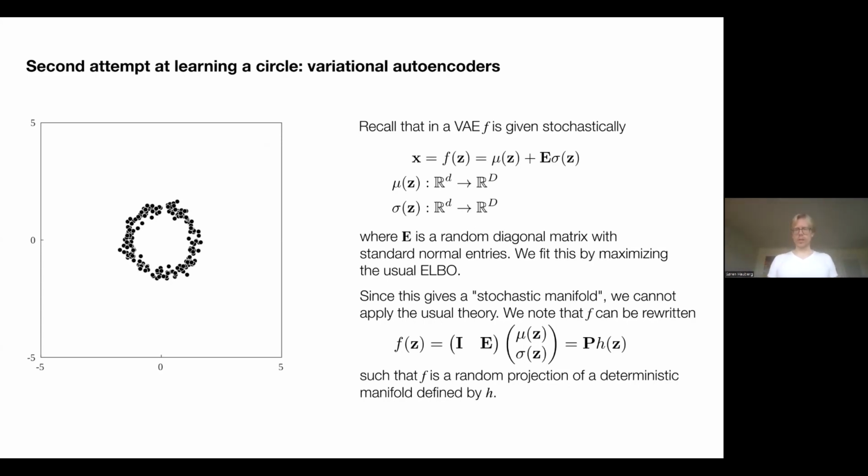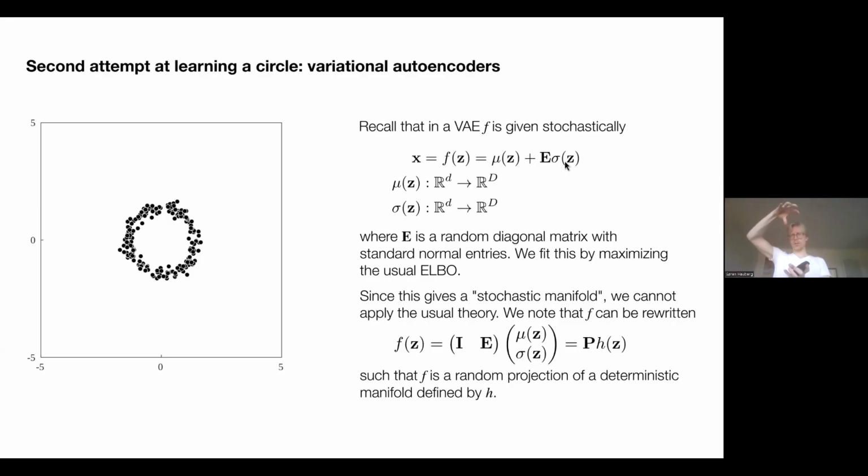So the way we'll do this is that we'll note that if you look at the equation that I have for how to define x, which is x equals mu of z plus e times sigma of z, I can rewrite that equation simply by stacking mu and sigma, these two neural networks that map from latent space to observation space.